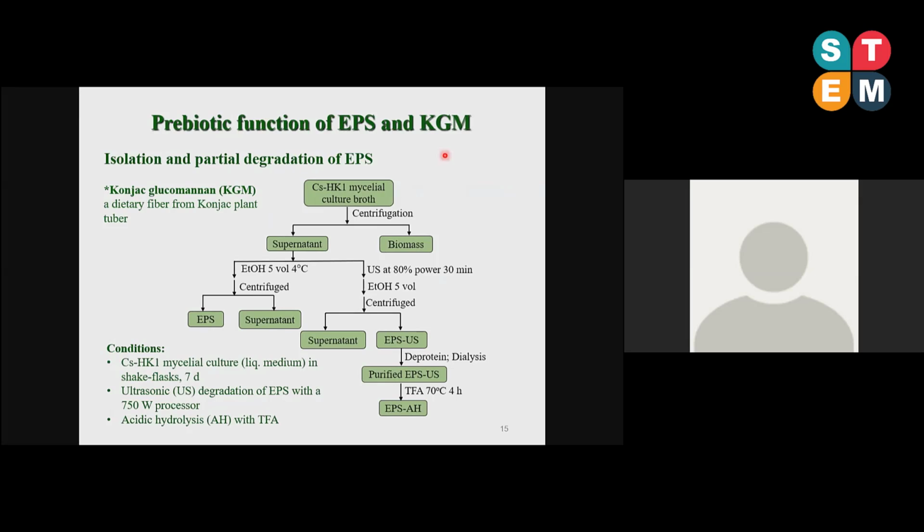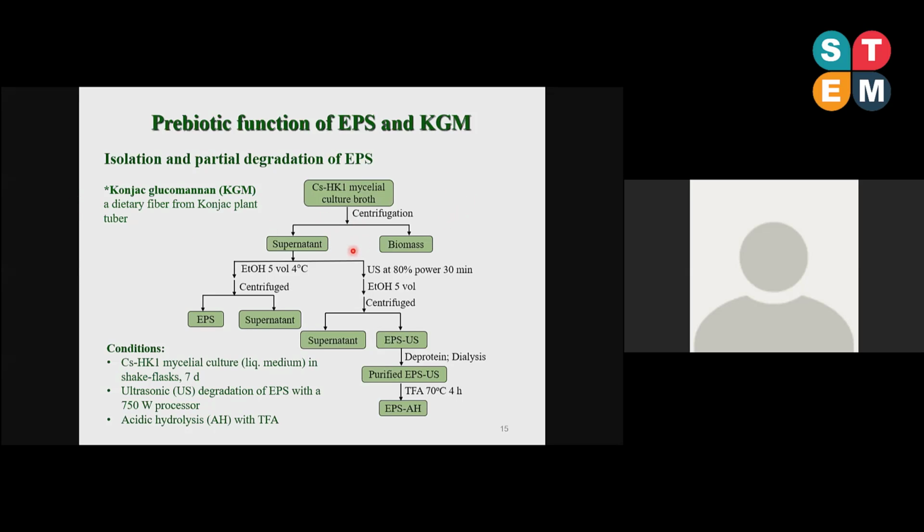So actually, in one of our studies, in order to study the probiotic function of EPS, we also used a plant polysaccharide, and the correlation to their molecular property, especially the molecular weight. This is the way to show that.